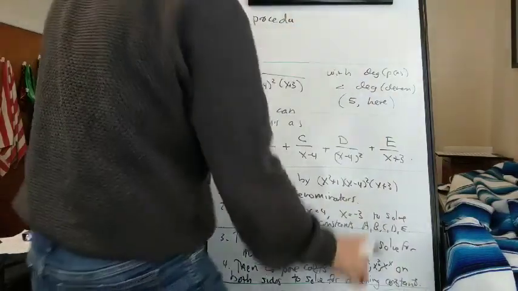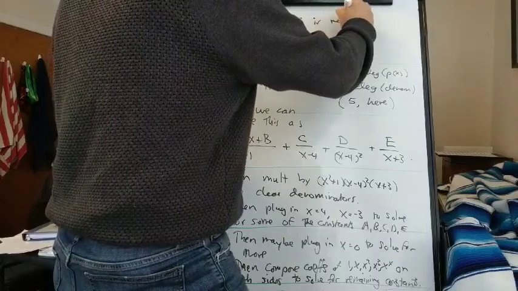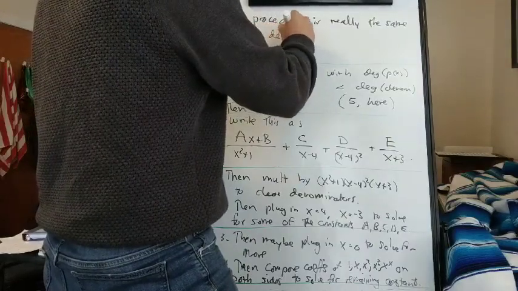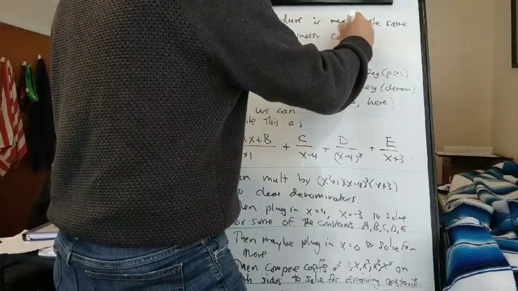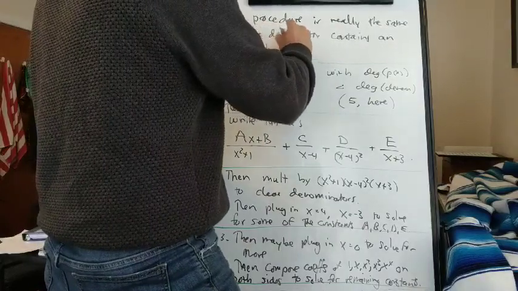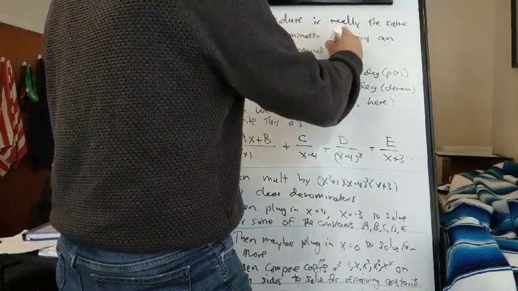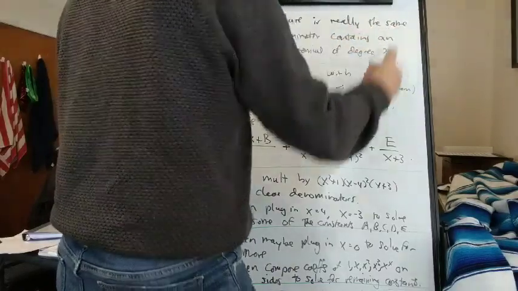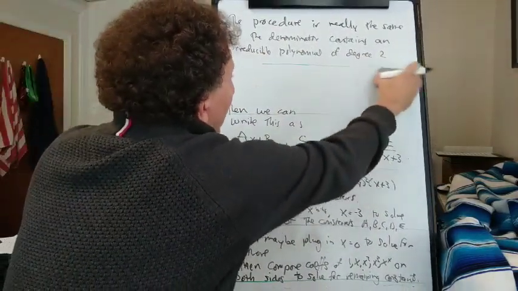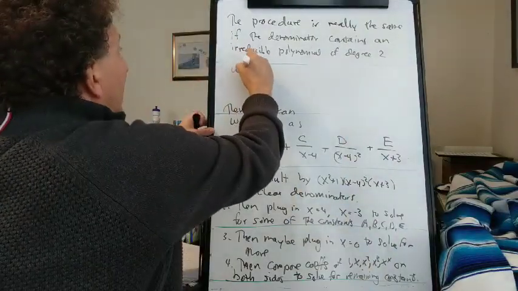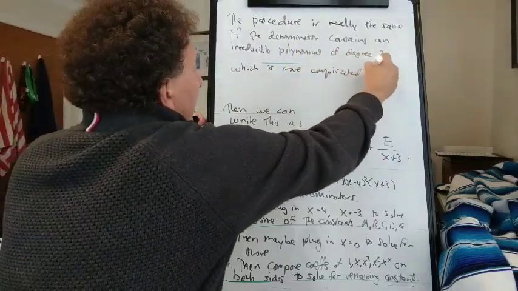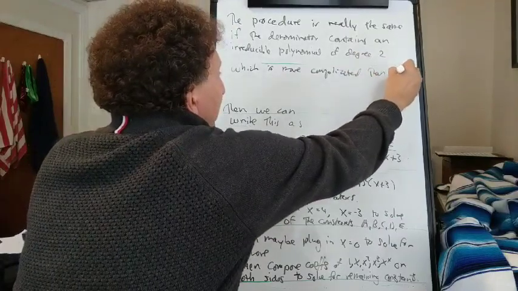So the procedure is really the same if the denominator contains an irreducible polynomial of degree 2, which is more complicated than x squared plus 1.